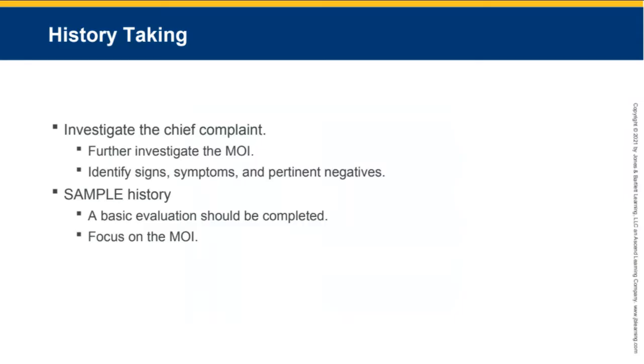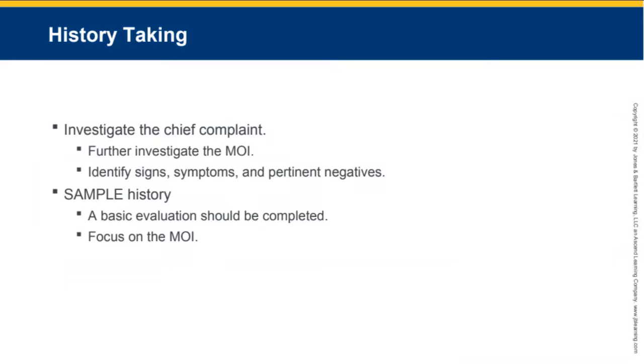Now, after we have completed the ABCs, determined the patient's GCS, done a rapid scan or focused exam, and decided load and go or stay and play, the next phase is history taking. If the patient can talk to you, talk to the patient. If the patient is not talking, get vital signs at that point, and note your physical findings.